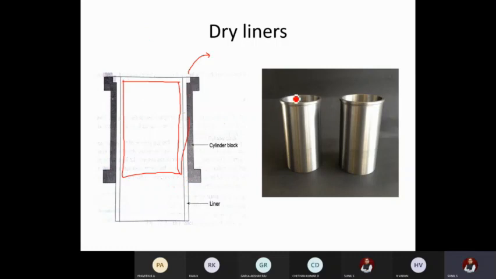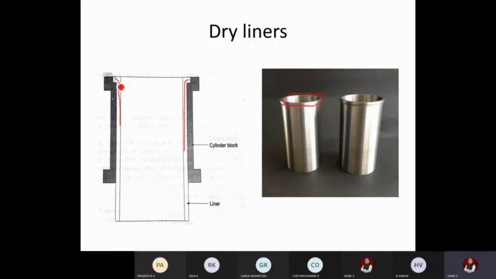Instead of that, you can use a structure called a liner. You can see here, this is an example of a liner. This liner is placed over here. This portion is the liner, the steel structure you can see. This liner is like a cap. It will be placed like this, and there are some hooks you can see in this region.